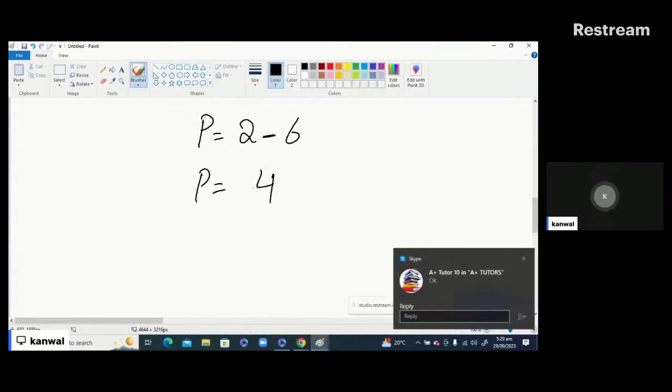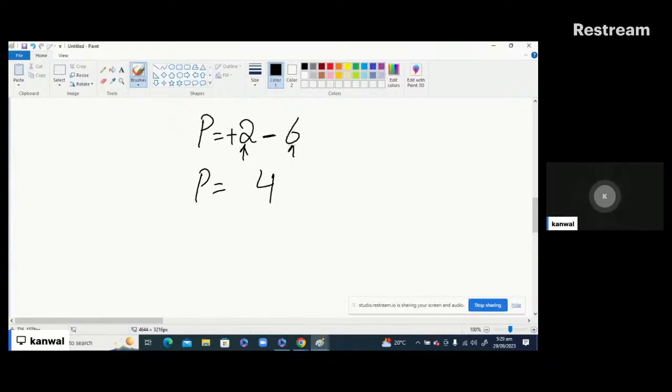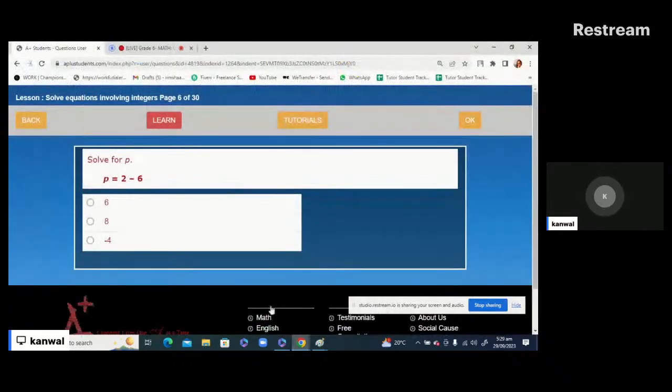But which sign do you put with 4? With 2 it's a positive sign, then with 6 it's a minus sign. What is the greatest number here? Greatest number is basically 6, minus. So you just put minus 4 here. So P is equal to minus 4.